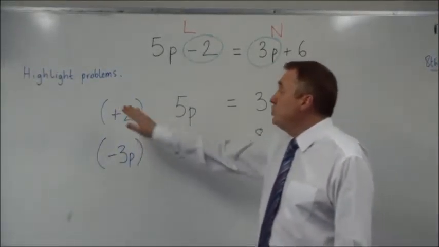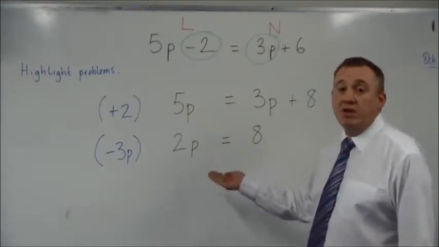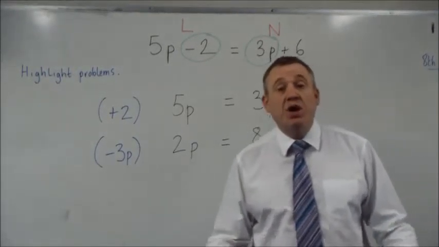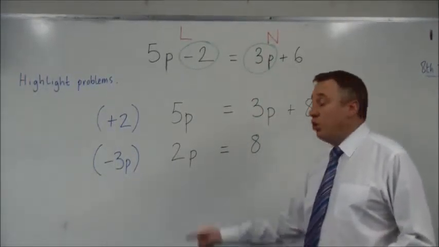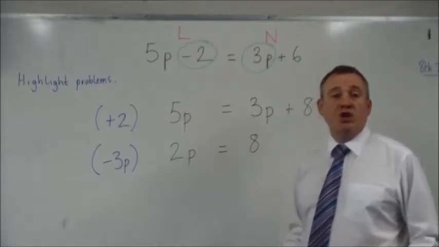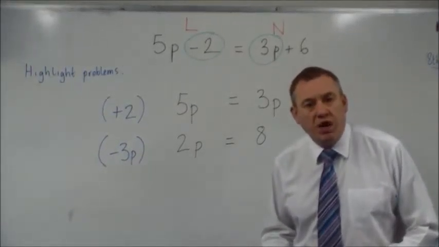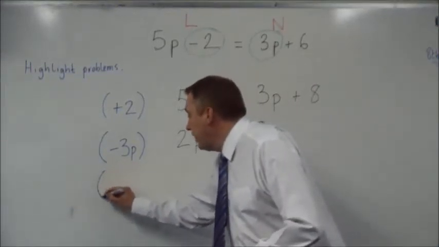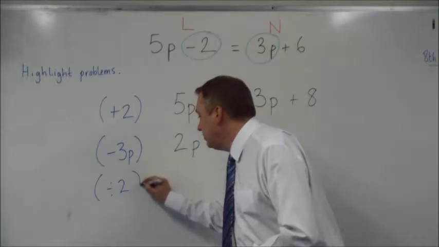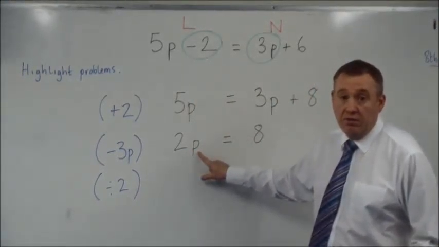I've dealt with the two problems that I had. Doesn't this now look very, very simple? It's turned into a one-step equation. I don't want to know what 2p is, I want to know what 1p is. Now I know most of you can probably work out what p is in your head, but to do it formally, we would divide by 2, because this 2 here is multiplying the p.